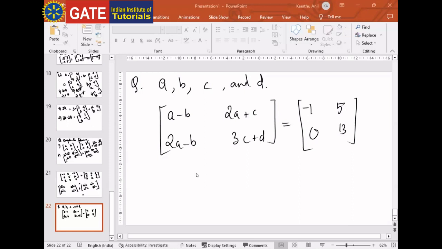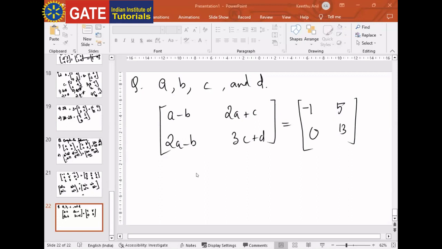Okay, what about C? C is 3. D equals 4. Just check B once again. What is the equation you have got? 2A minus B equals 0.